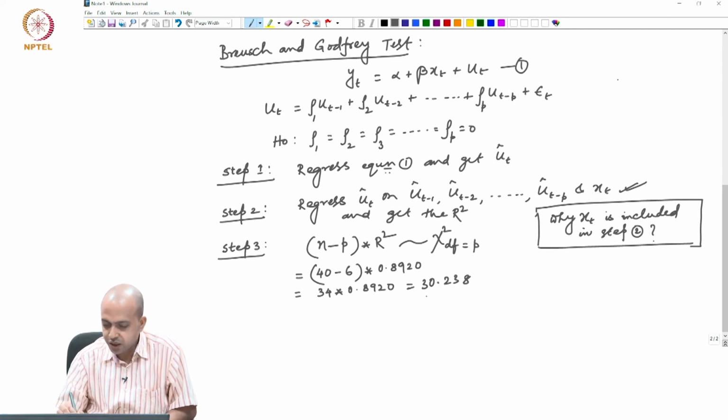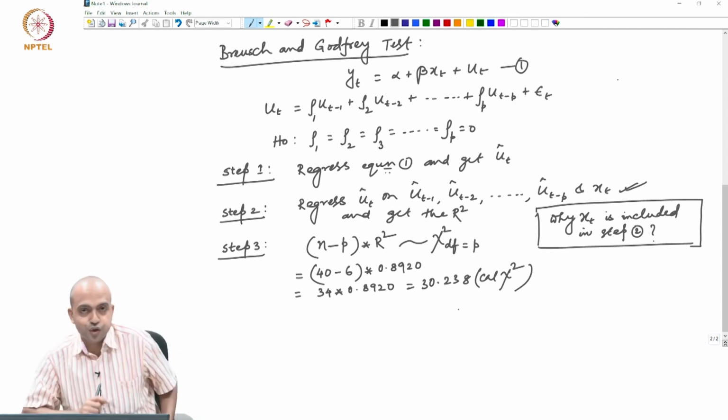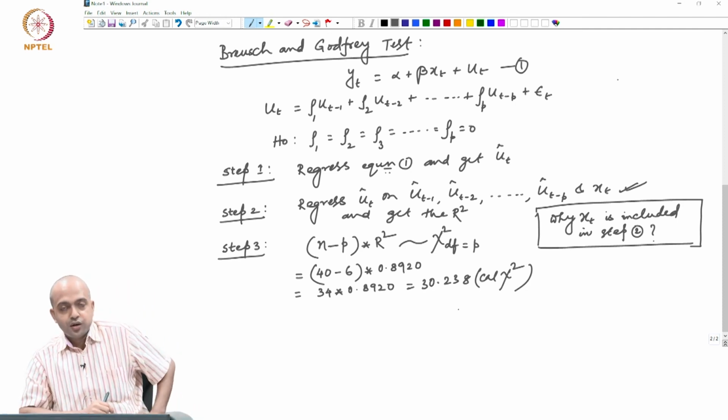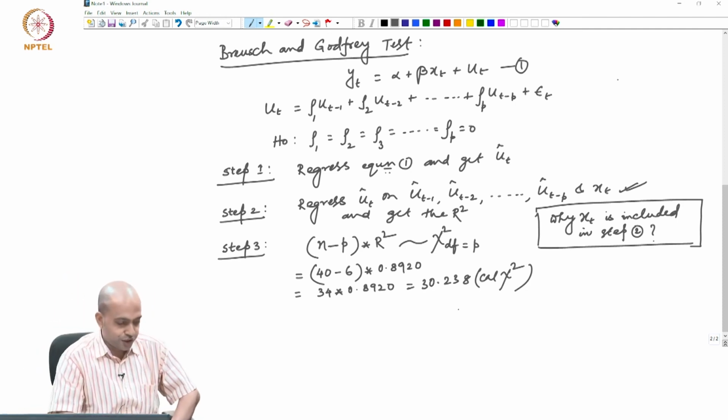So, this is the calculated chi-square, and this calculated chi-square you now need to compare with the tabulated chi-square value.